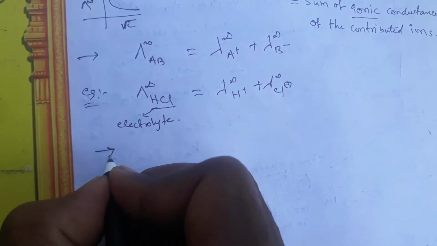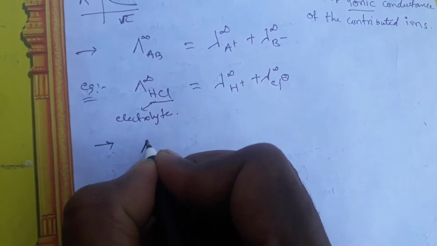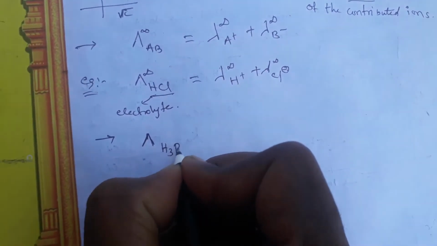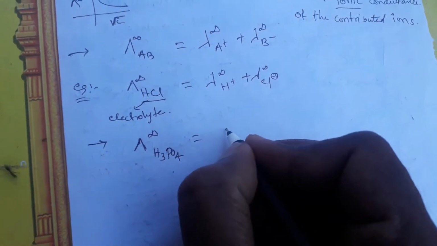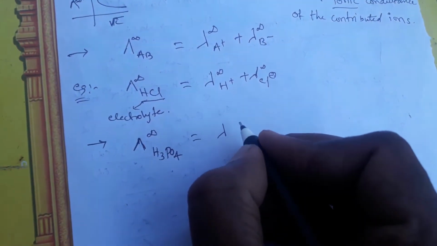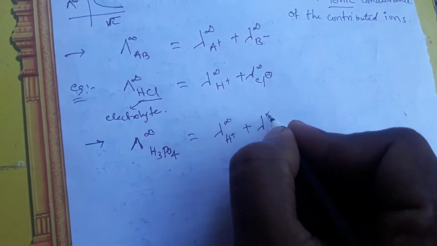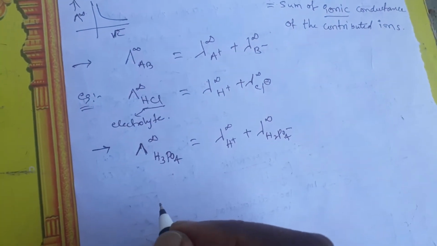Next, if you take the weak electrolytes, for example H3PO4, at infinite dilution, what ions will be present here? Lambda infinity of H plus and lambda infinity of H2PO4 minus.